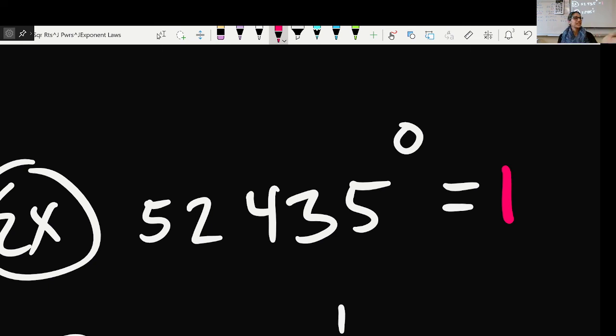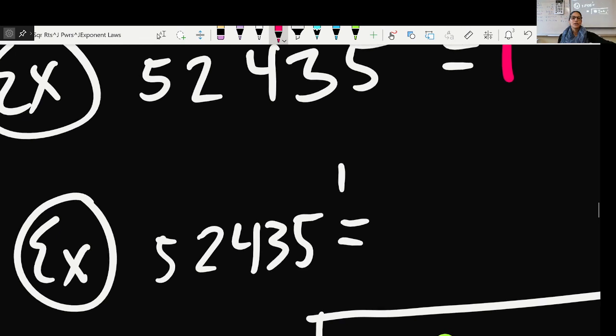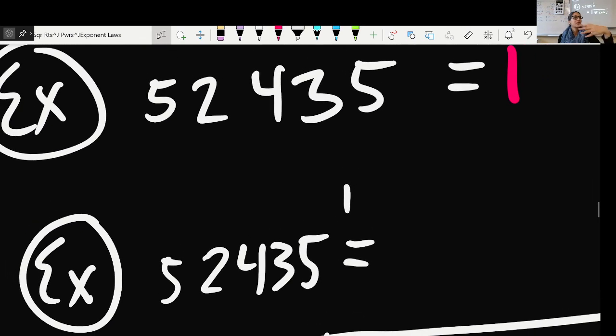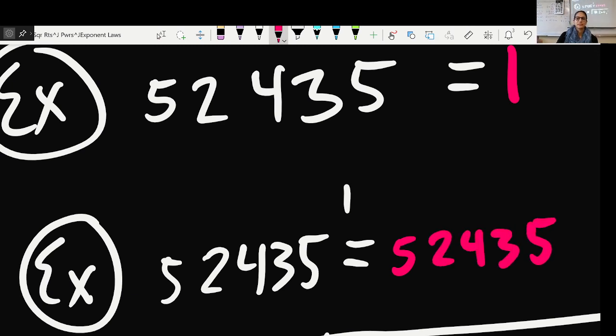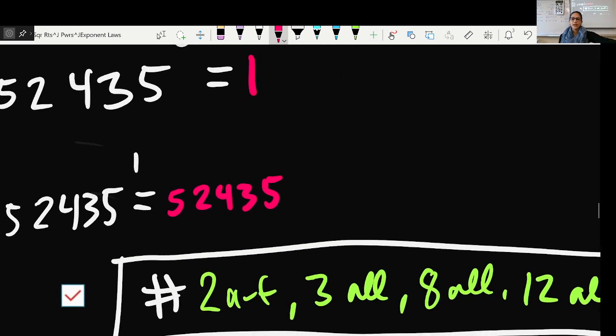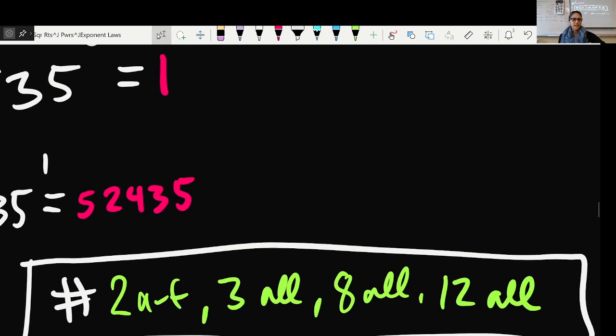To the power of 0, but it's still just equal to 1. And how about to the power of 1? Anything to the power of 1 is just that number itself. So far we're okay? Well, that's your assignment.